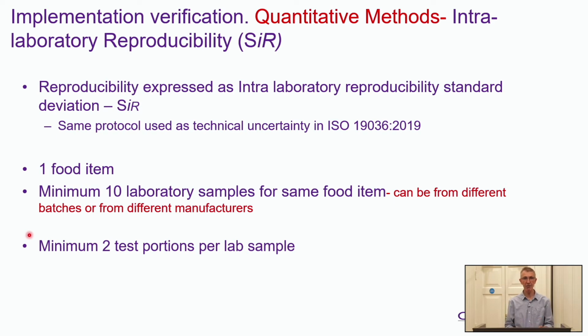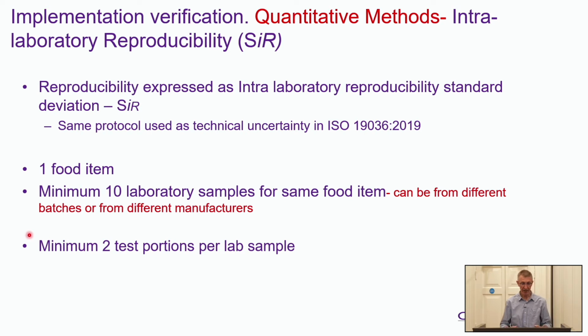So if your lab has used the ISO 19036 to measure uncertainty of measurement, it's exactly the same protocol that's going to be used now to do intralaboratory reproducibility for method verification.